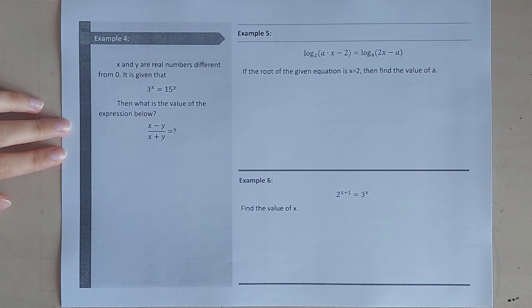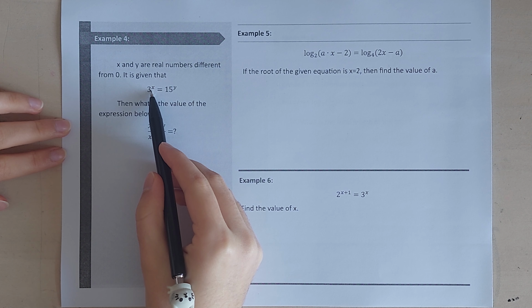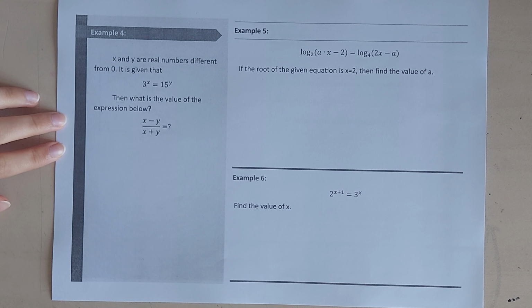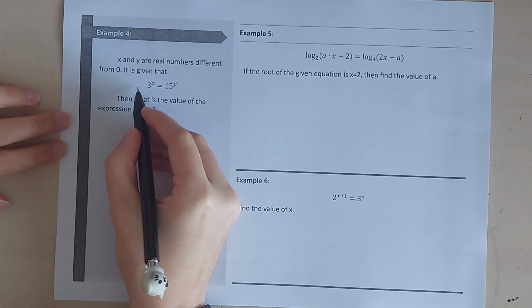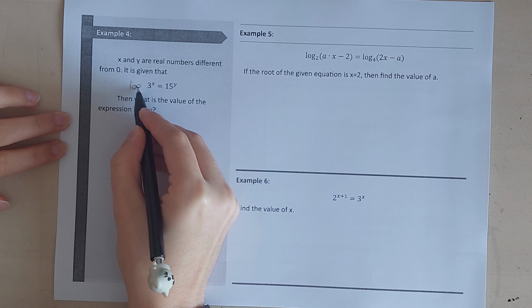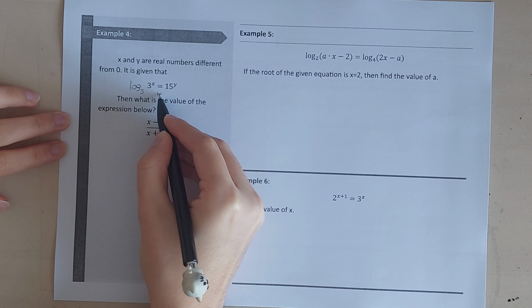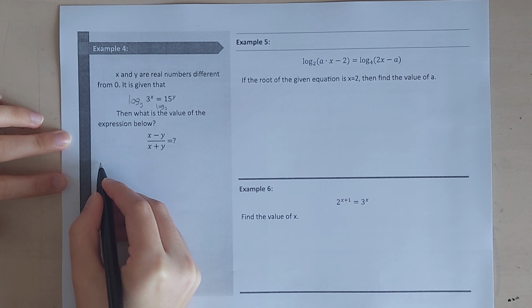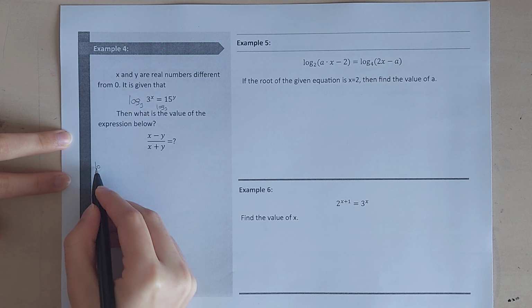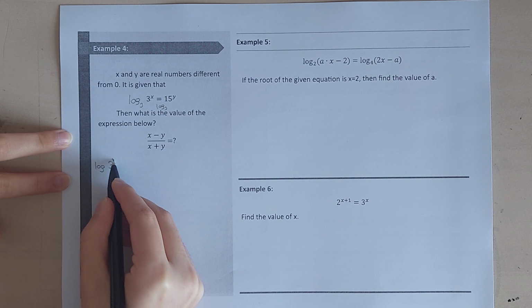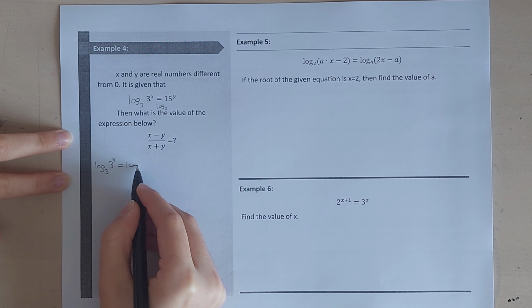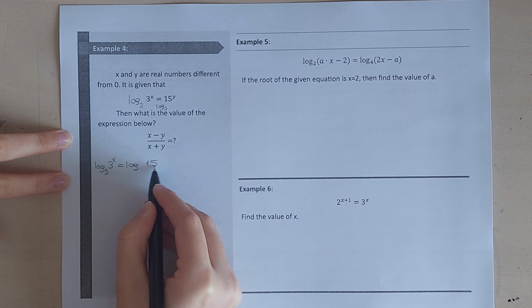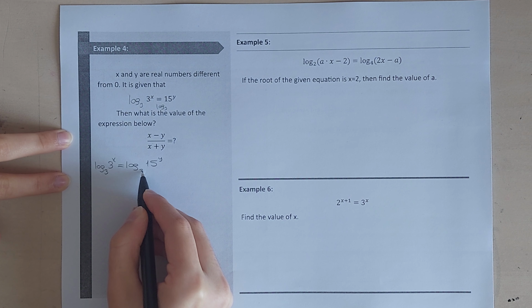Now here I will leave x alone. It will become easier to solve. And to leave x alone, I'll just take the logarithm of each side to the base of 3. If I do that, I get logarithm of 3 to the power of x to the base of 3 is equal to logarithm of 15 to the power of y to the base of 3.